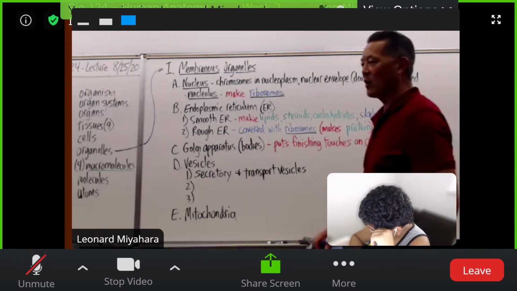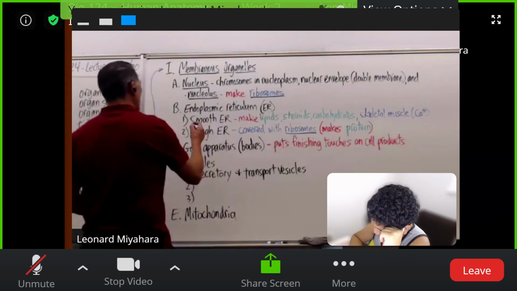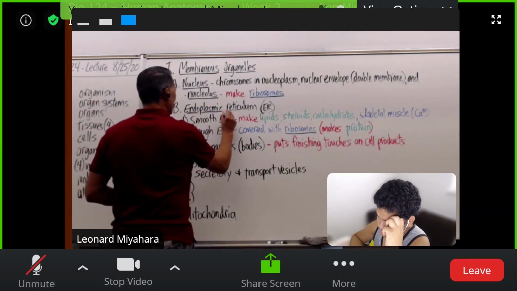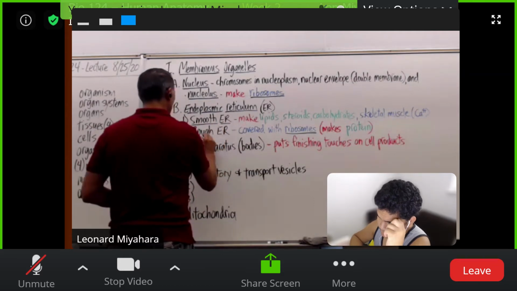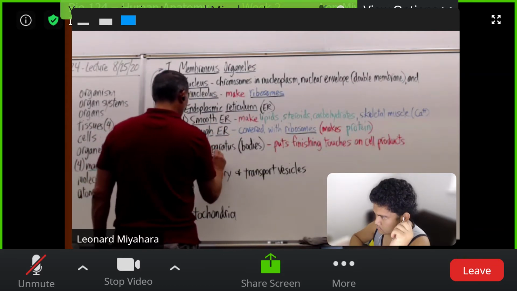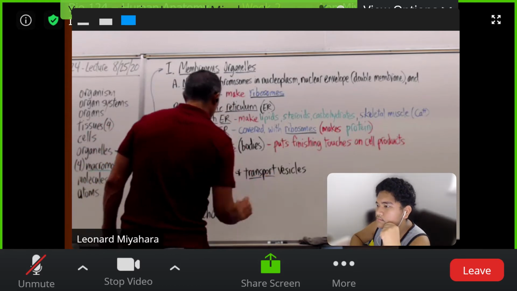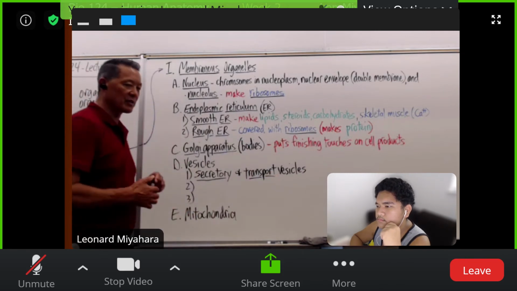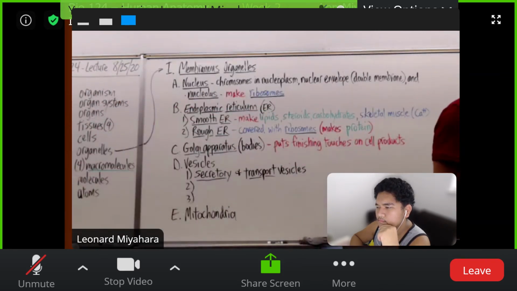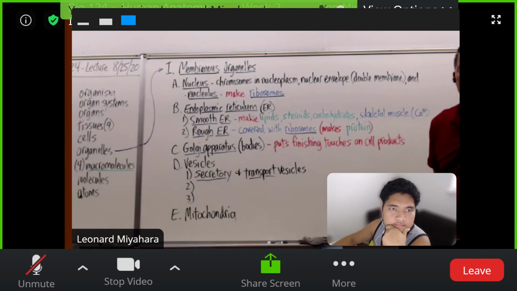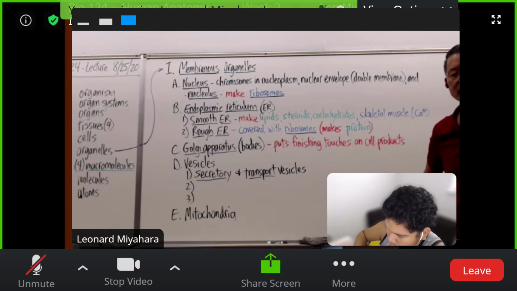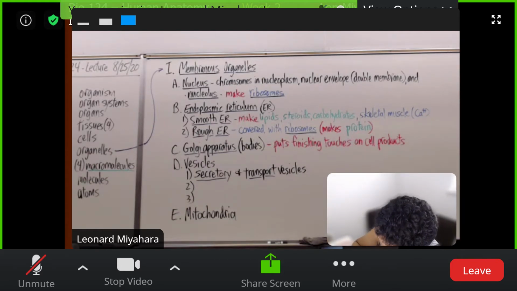There's a ton more, but these are the ones you have to know. 2 of them are secretory and transport vesicles. This is what you want to write on the slide so you'll understand it. Transport vesicles: the contents inside that bubble never leave the cell. Secretory vesicles: the contents leave the cell.